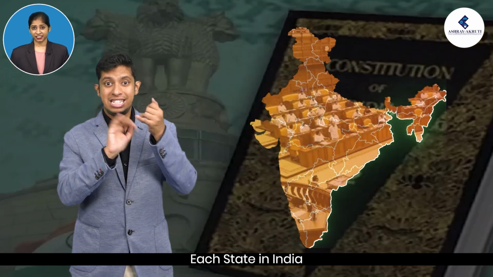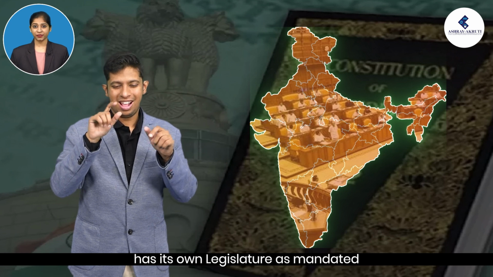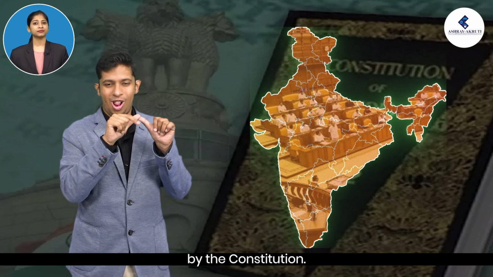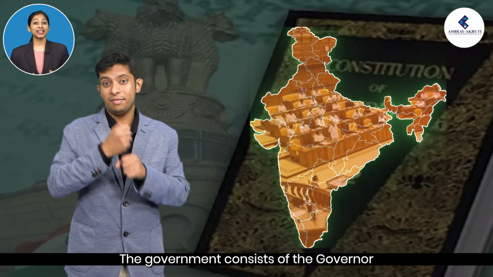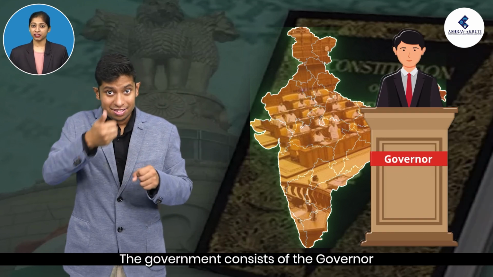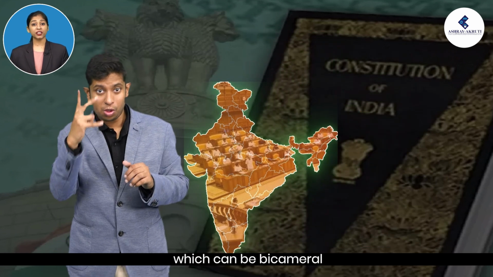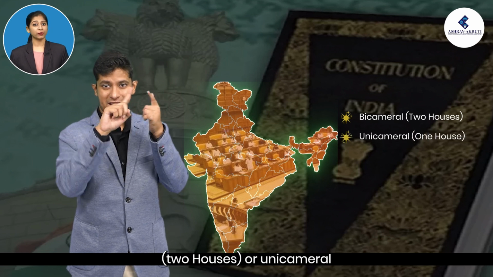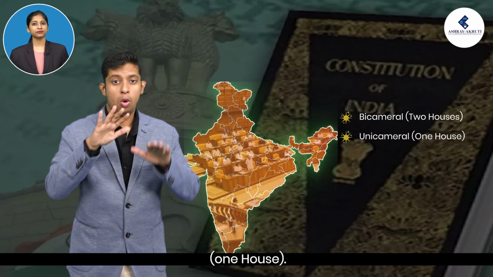Each state in India has its own legislature as mandated by the Constitution. The legislature consists of the governor and one or two houses, which can be bicameral, two houses, or unicameral, one house.